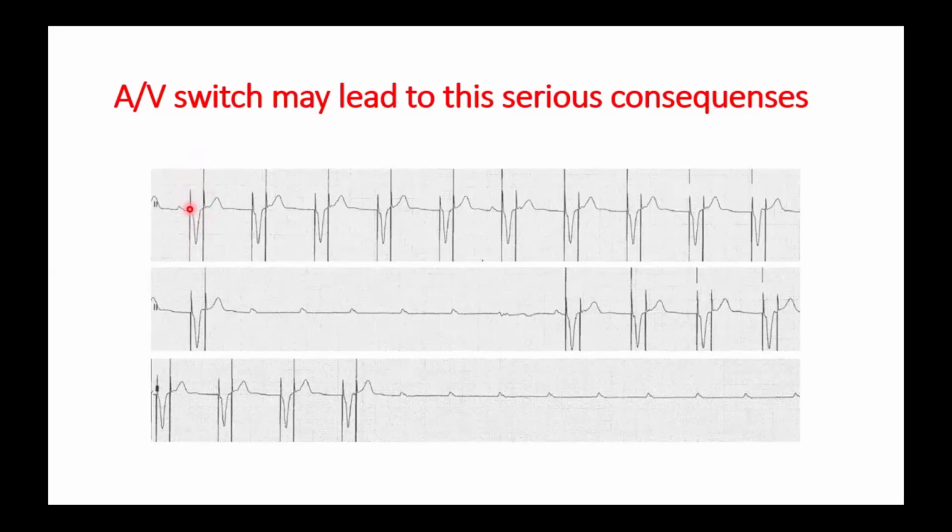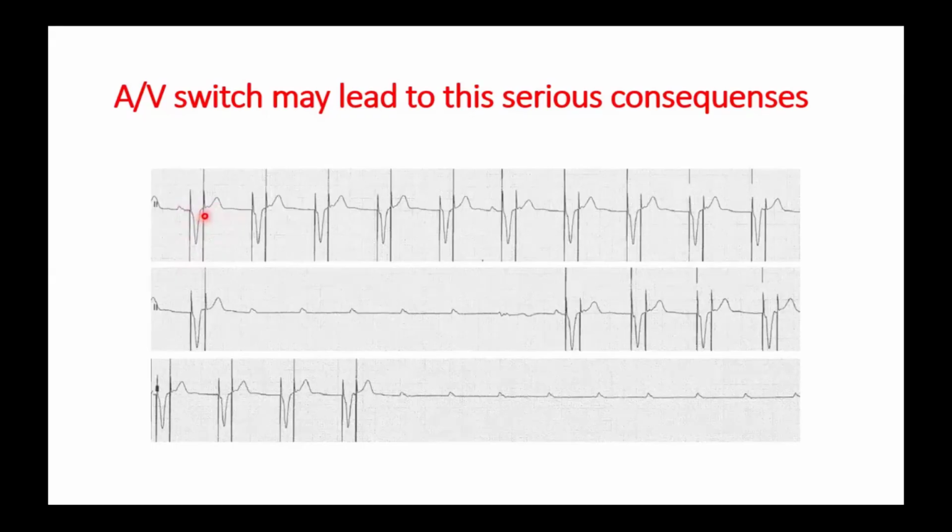There is no impulse that has reached the atrial lead, which is actually the ventricular lead. So the ventricular lead is in the atrial port. So it did not sense the atrium, so it paces, and when it paces, it gives the ventricular complex, QRS complex.